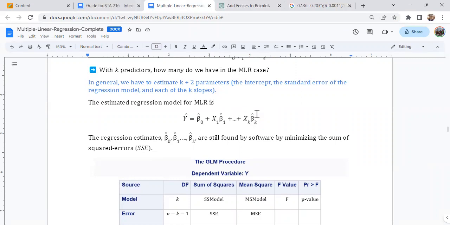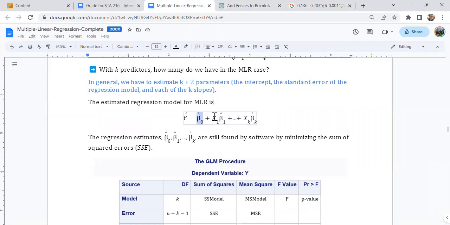Talking about how these regression estimates are found, I don't think you'll ever get into the calculus of this unless you take Stat 415, the mathematical statistics class. But one solution to get these is to use calculus and derivatives to minimize the sum of squared errors term, the SSE.